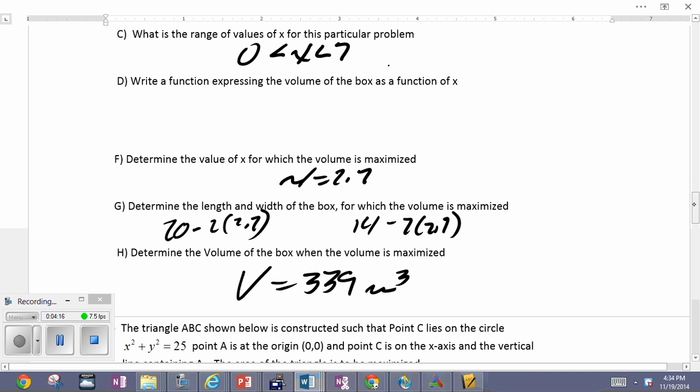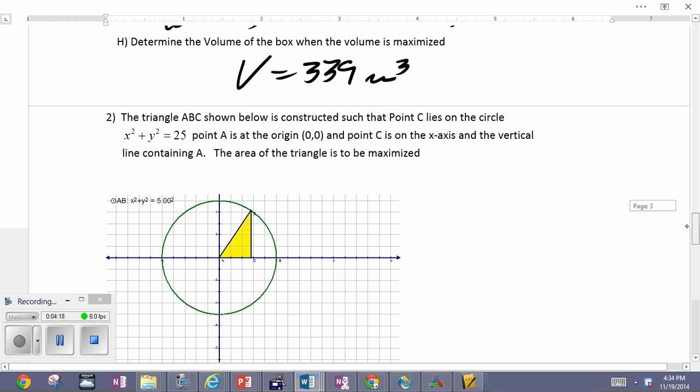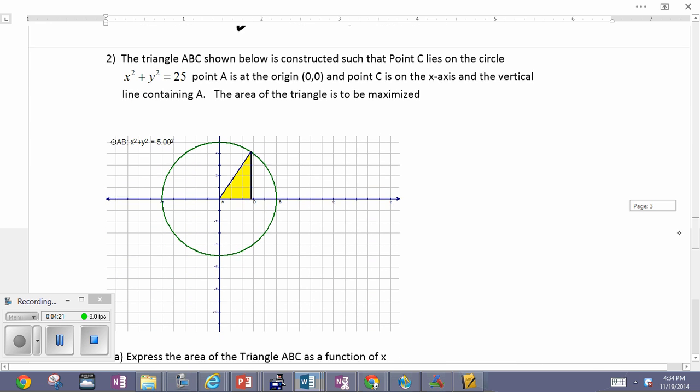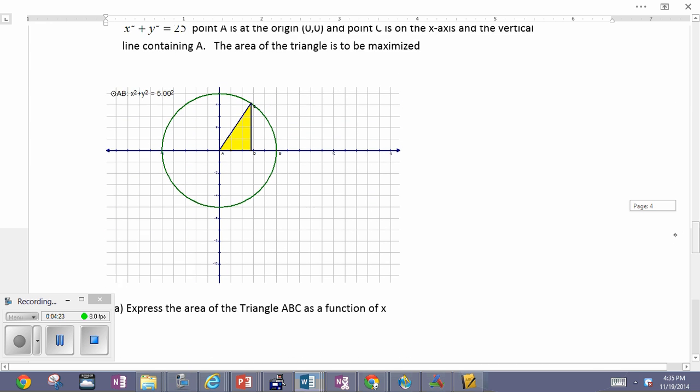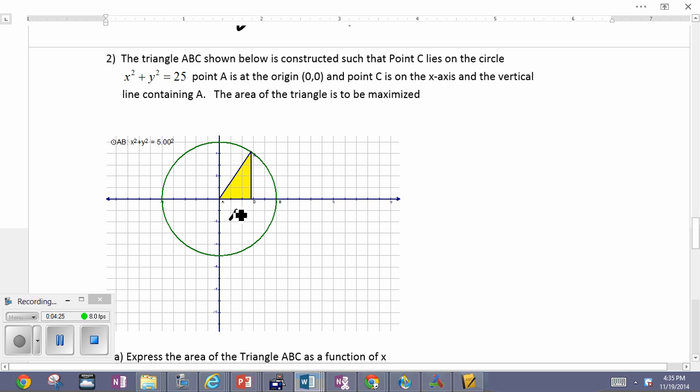Done. Here's the triangle shown. Express the area of the triangle as a function of X. Here's X, here's Y. It's on the circle, X squared plus Y squared equals 25. So as a function, Y equals the square root of 25 minus X squared.